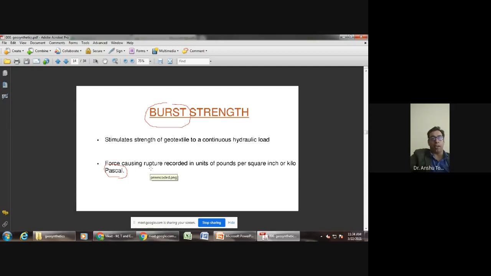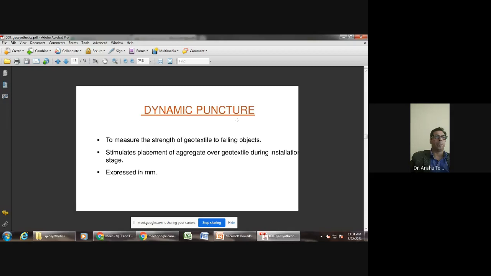In case of closed drainage, the pressure becomes critical. तो क्या आपका मटेरियल उतना प्रेशर झेल सकता है so that it does not burst, जिसको हम फटना भी बोलते हैं. So that has to be checked for certain special purpose.